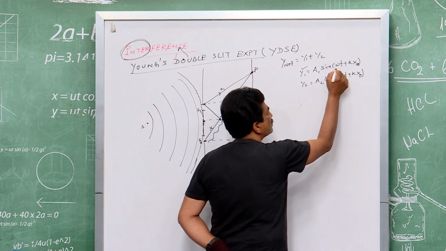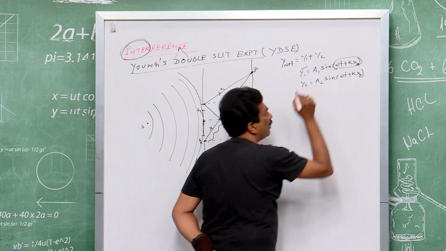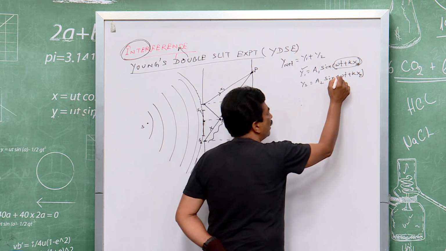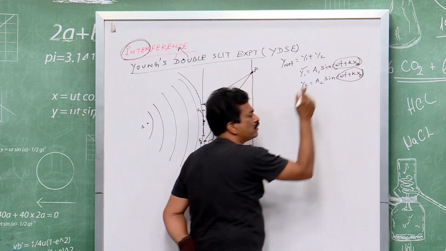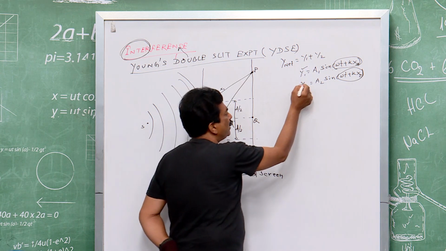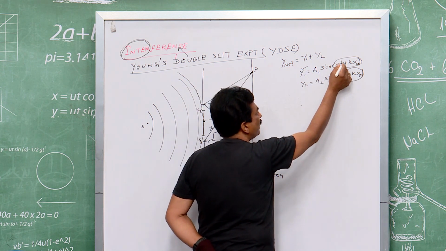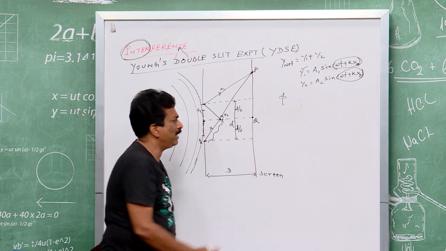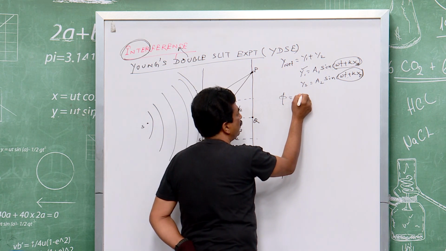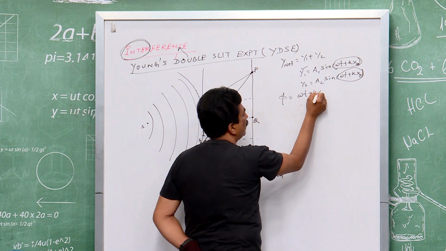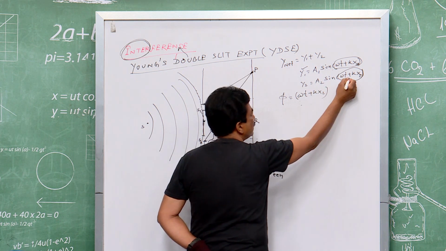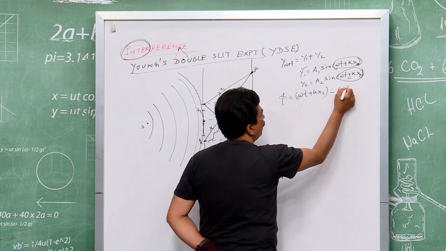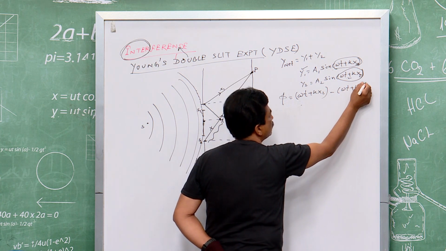So here the sine function argument is nothing but the phase, and here also it is the phase. So between the two there is a phase difference. If we take that phase difference as phi, then it will be the phase (omega t plus kx2) minus (omega t plus kx1).